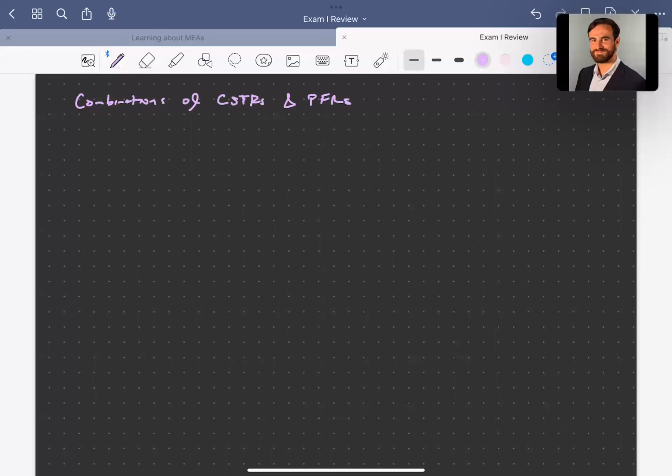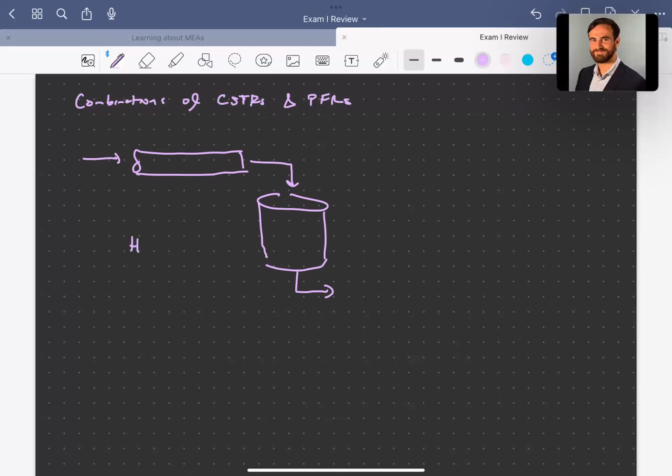So for a second order reaction, say, it would be advantageous to have a PFR first before the CSTR, because in the plug flow reactor, the concentration is steadily dropping along the length of the reactor, whereas for the CSTR, the reactant is immediately diluted to the outlet concentrations. So here you would have higher conversion.